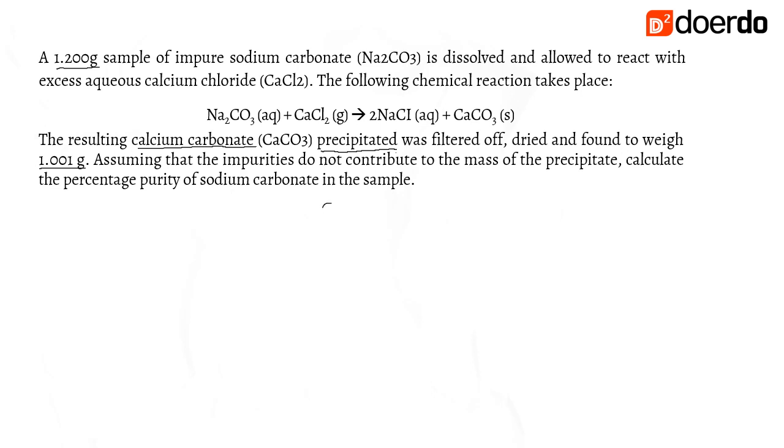So let's find the amount of calcium carbonate formed, which is equivalent to, if you have your calculator with you, 1.001 grams divided by 40 plus 12 plus 3 times 16, as that is the molar mass of calcium carbonate, in grams per mole.